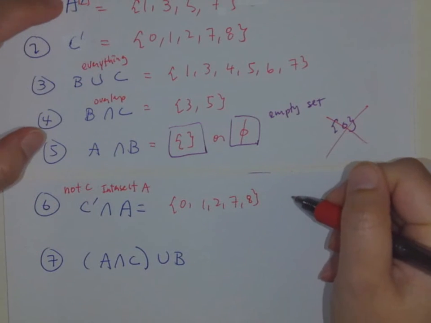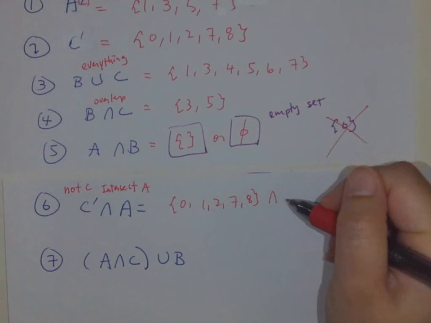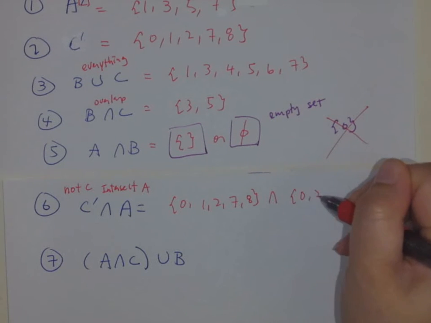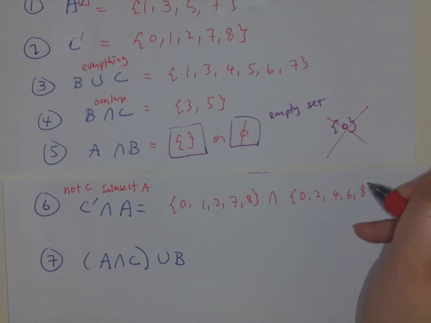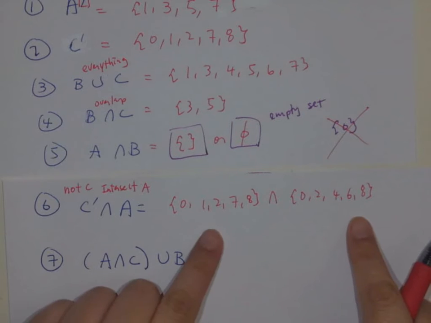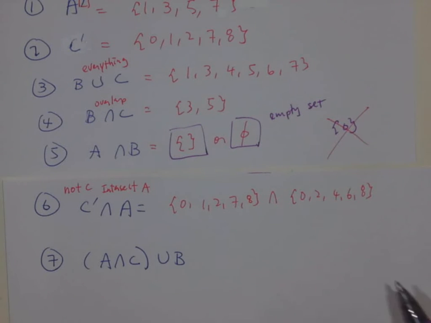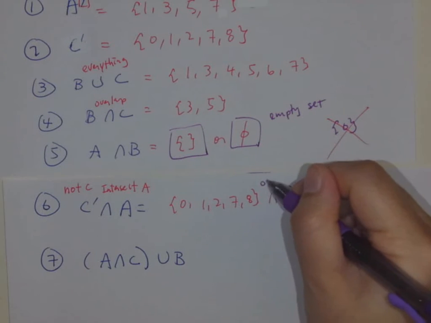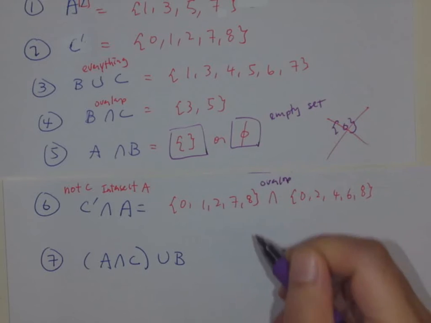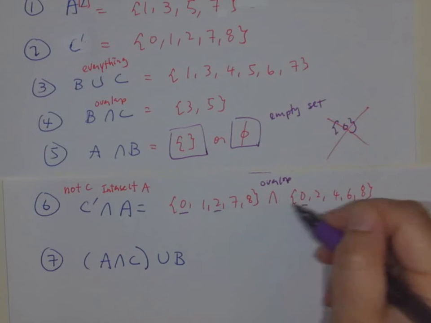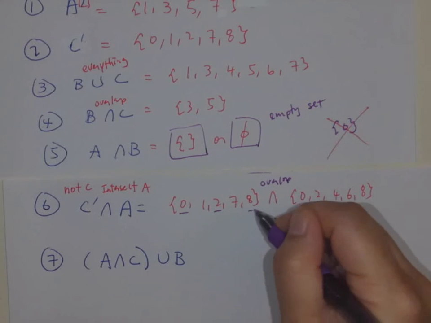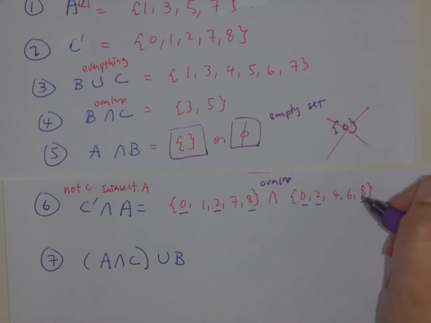And I need to intersect with A. A is 0, 2, 4, 6, 8. So it's a good idea to write down the steps. So intersect means overlapping, right? So what do they have in overlap? I have 0, I have 2, I have 8. Is that all? So the answer would be 0, 2, 8 for number 6.